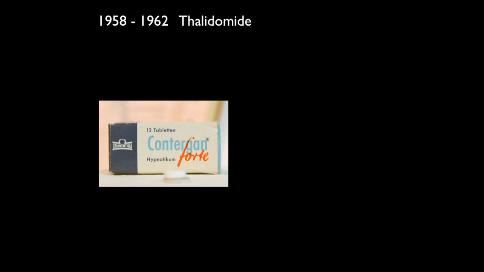They invented thalidomide, known in Germany as Contergan, as an antihistamine, which it turned out not to be, but it did make laboratory rats drowsy. So it was marketed as a light sedative from 1956, and by 1961 it had captured 40% of the sedative market in Germany.